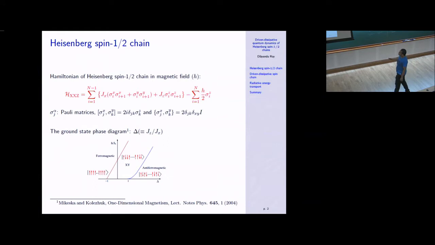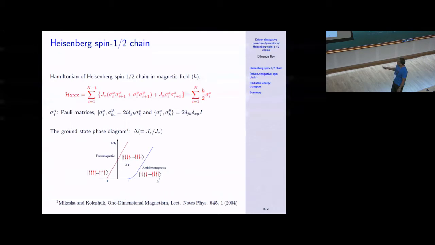And the phase diagram for the XXZ model can be represented on a plane with delta, the anisotropy parameter, which is the ratio between the Jz and Jx exchange couplings, and the external field H. So if I consider first H equal to 0, or no external field, then for the XXZ model, I will have three different phases.